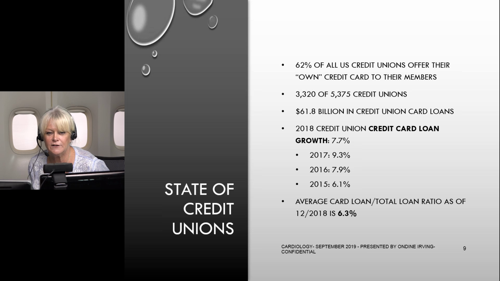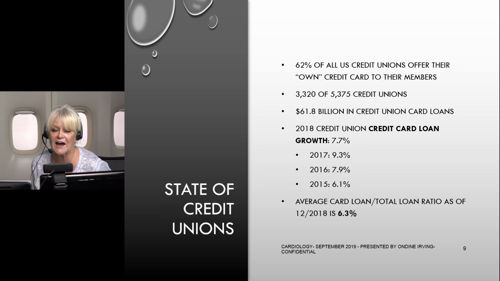Now, many credit unions and the processors continue to focus on number of accounts and penetration. I'm going to show you throughout this session why that is not a good idea. And basically, we want to establish goals based on what makes us money, which is loans, versus what costs us money, which is number of accounts.